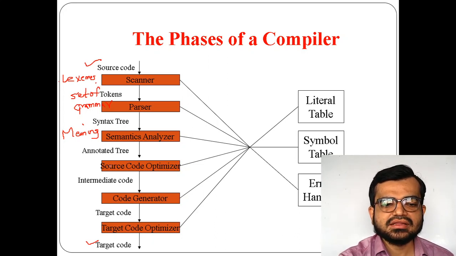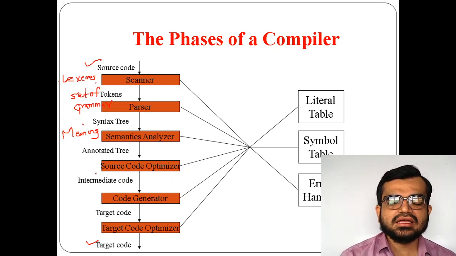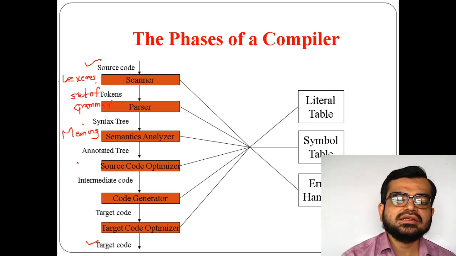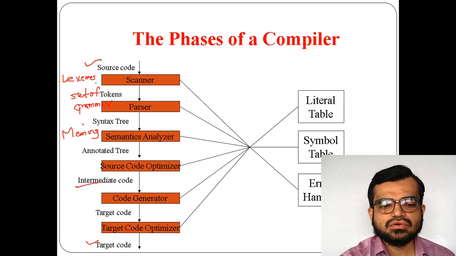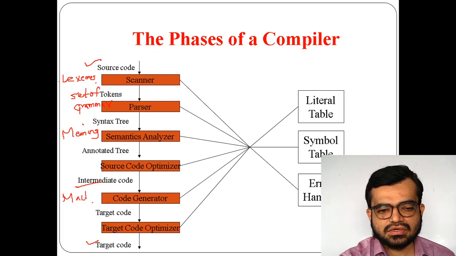I'll let you know what that is. Then the source code optimizer is used, so that the given source code is optimized, and using the techniques of intermediate code, it converts into the code generator. Okay, so this is your machine code or else assembly code.